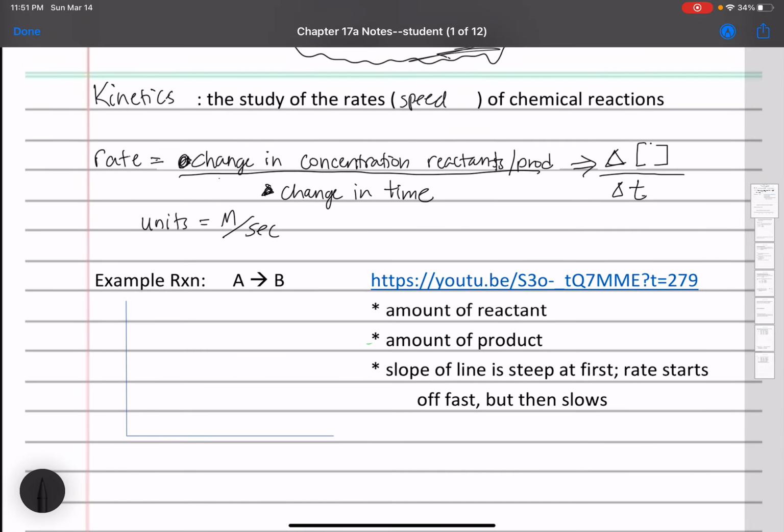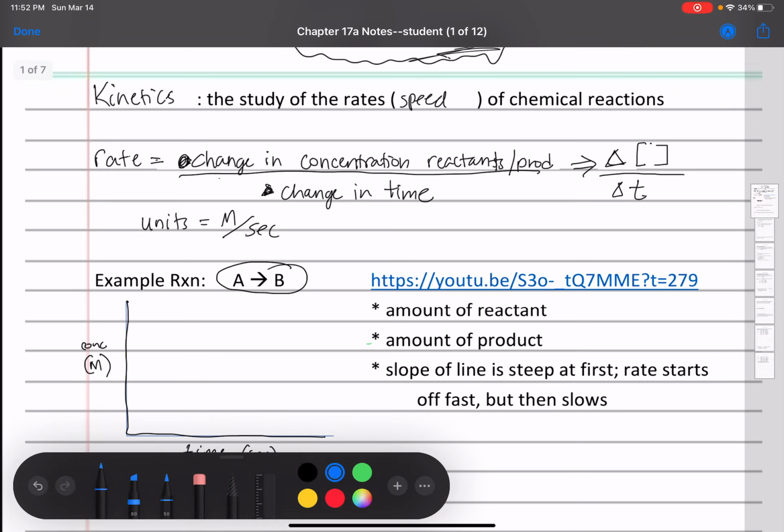So let's look at some generic reaction. We have the reactant A being converted into the product B. If we were to graph this reaction, on the x-axis I have time in seconds, and on the y-axis I have concentration in molarity, moles per liter. I'm going to start with the reactants.